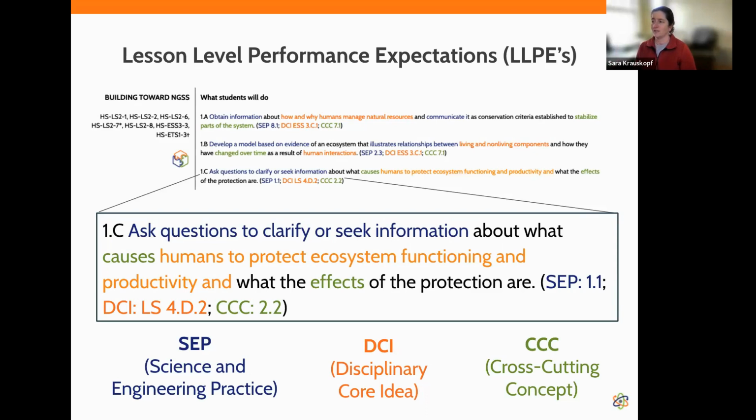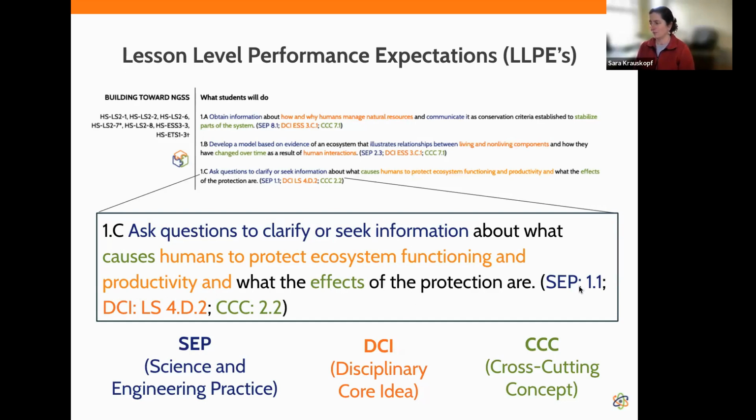There is normally at least 1 LLPE per day in the course. So here's an example of one from lesson 1, which you will be experiencing soon. And it says, ask questions to clarify or seek information about what causes humans to protect ecosystem functioning and productivity, and what the effects of the protection are.